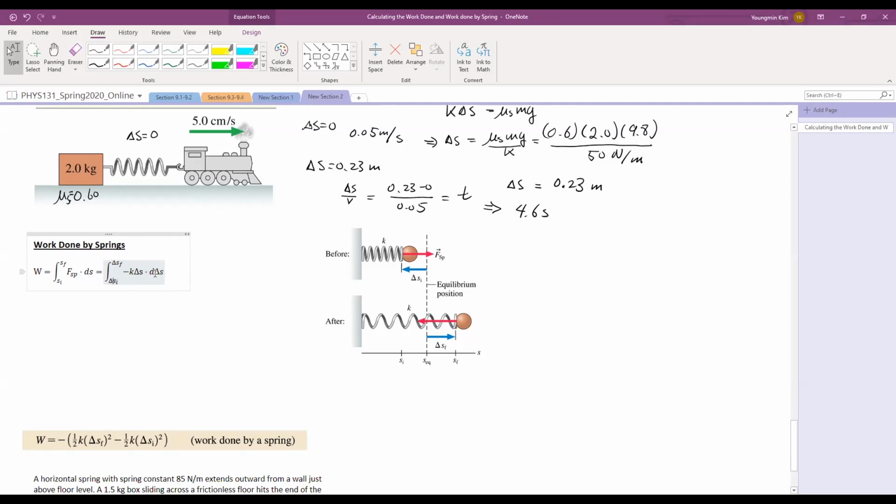So I'm changing my variables accordingly. Now here, k is of course a constant, so the constant comes out of the integral.